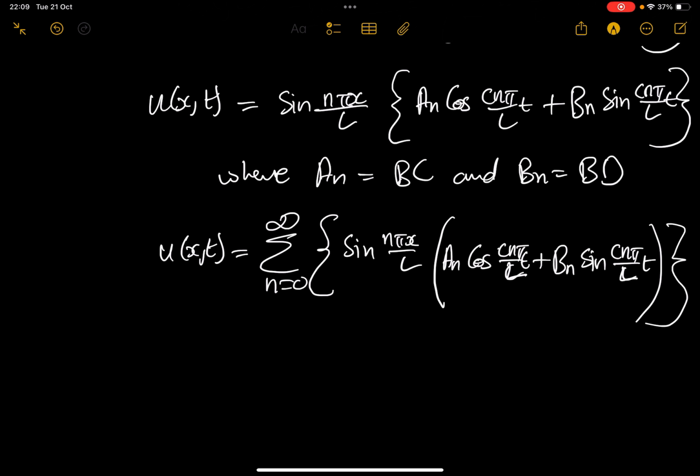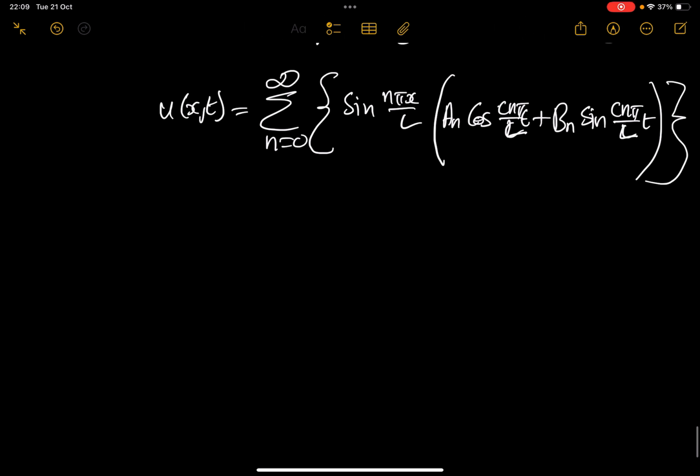When you look at this one, this looks familiar as what? This looks familiar as the Fourier series, right? So we've manipulated this to get the Fourier series.